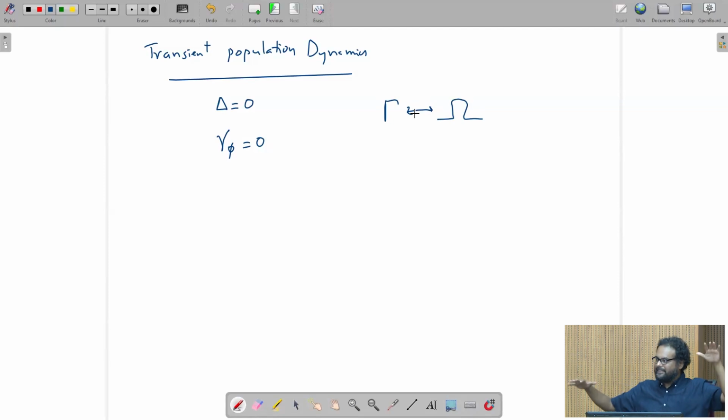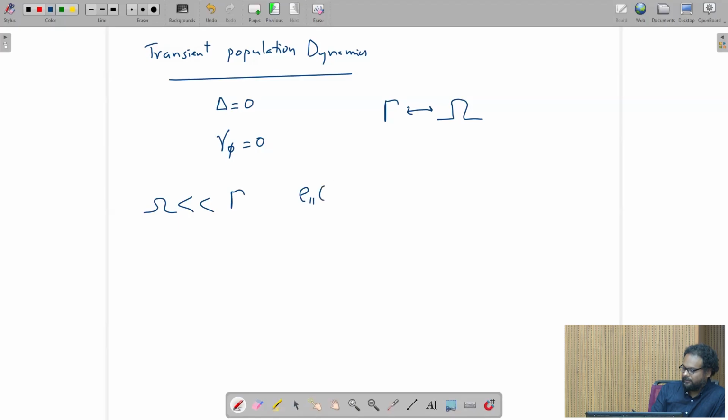Now, the relative weight of this is determined by the relative weight of these two components. If I have my Rabi frequency much less than gamma, then your decay will be dominating. So then your population dynamics is going to be mono-exponential.